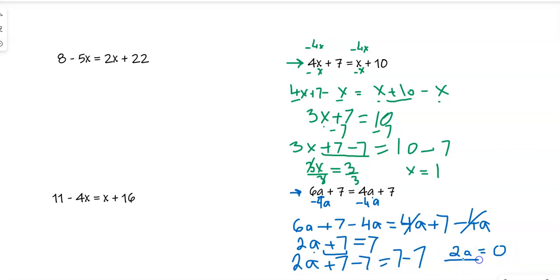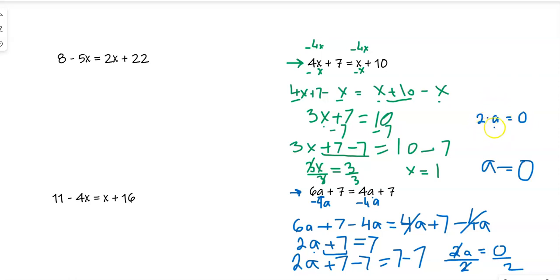So we can say we are dividing by any number that's next to a in order to get only a on one side, right? And we get 2 and 2 cross out, so a equals 0 divided by 2 is 0. Or we can say we have 2a equals 0, and the only time when we have multiplication and the product is 0 is if one of the factors is 0.